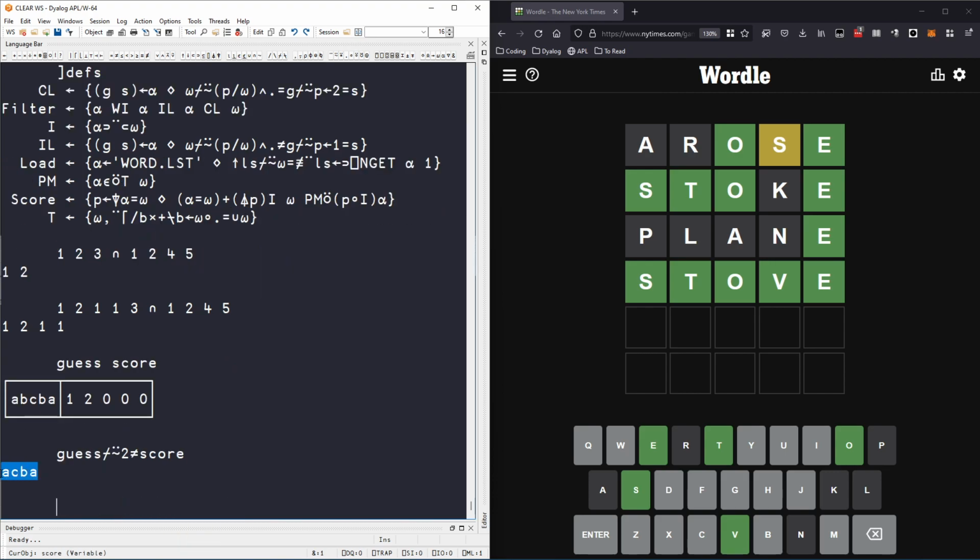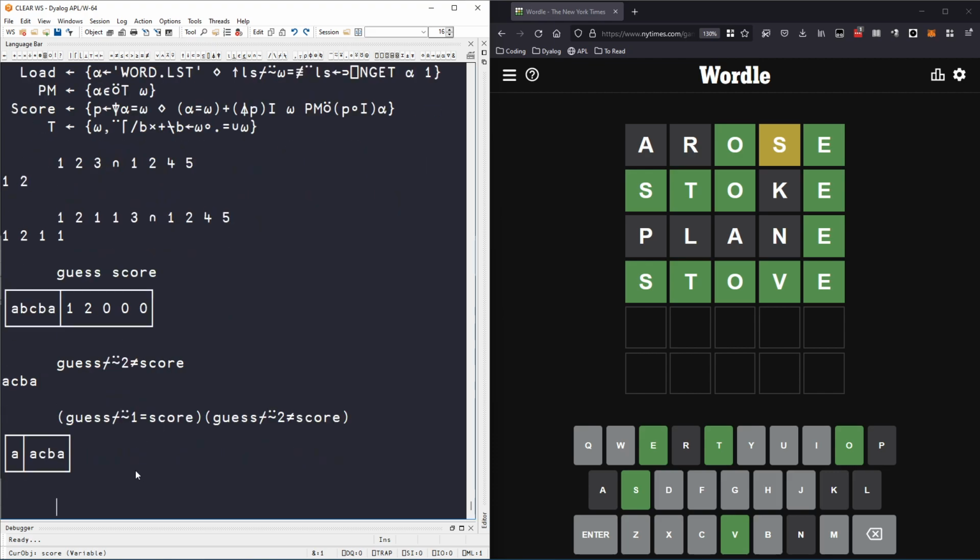So we are going to use these letters, and after we do the intersection with the candidate word, we need to check it against what? Against the letters that were scored with a 1, because those are the ones that should show up in the intersection. So we're going to take this, intersect it with all of the candidate words, and make sure that those intersections only yield this single A. So this is what we want to do.